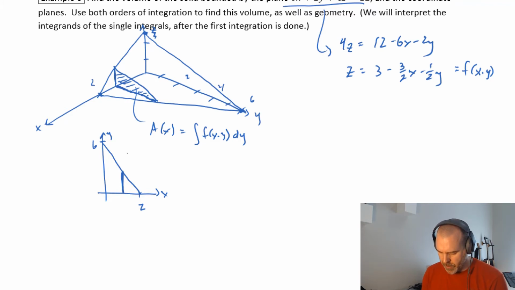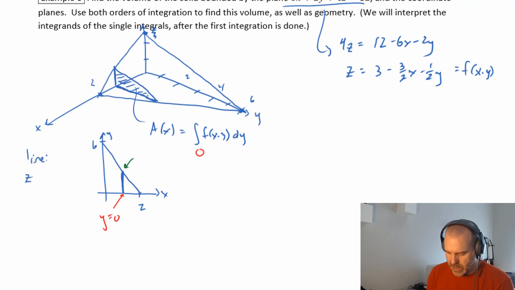So let's see here. It looks like y starts at y equals 0. And then the end is not so clear. It's the line equation, but in the xy plane. Well, that's when z is equal to 0.